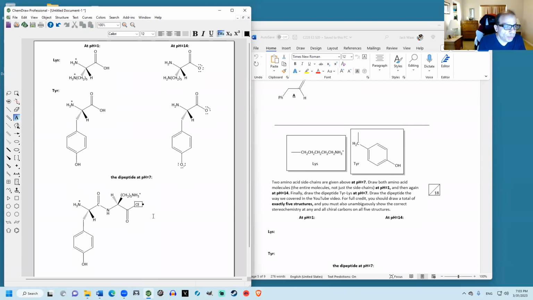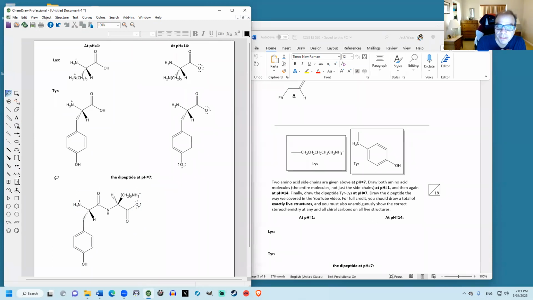And the carboxylate will be deprotonated because we're at pH 7. pH 7 is above the pKa of the carboxylic acid. So the carboxylic acid is deprotonated and exists as the carboxylate ion. And there you are.